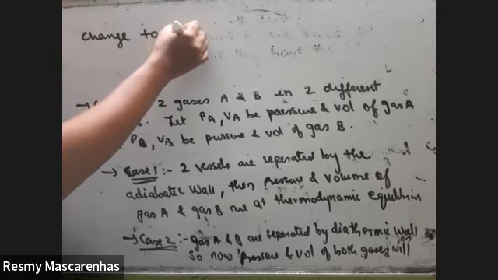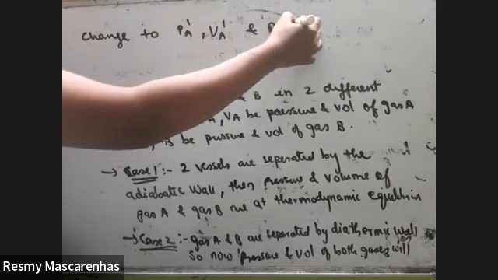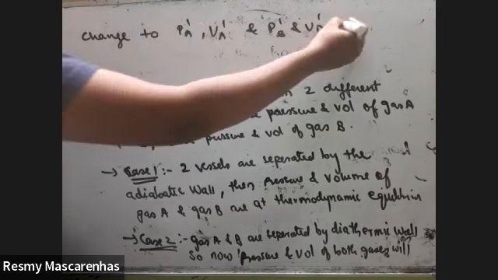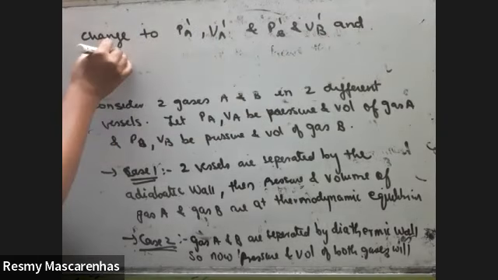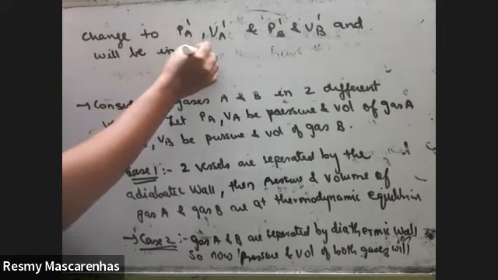Will change to PA dash, VA dash, and PB dash, VB dash. And will be now in equilibrium with each other.